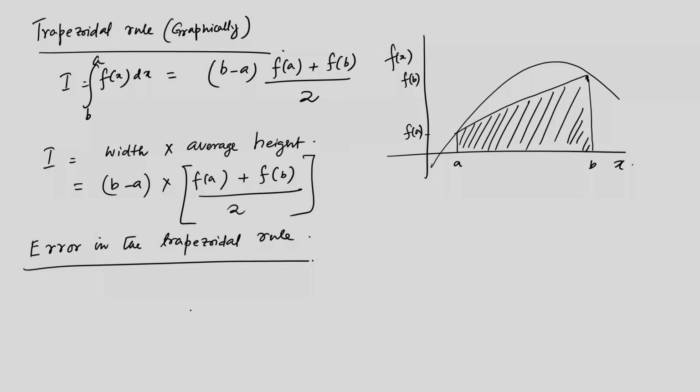To remind ourselves of the formula that we have seen, it is x 0 to x n, or a to b, whichever way one wants to write it.